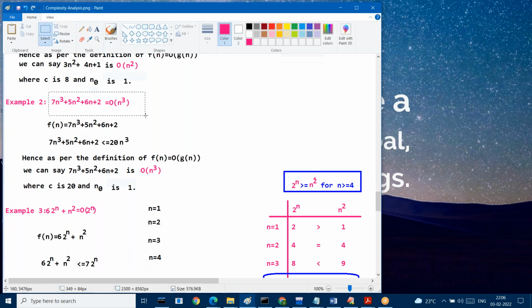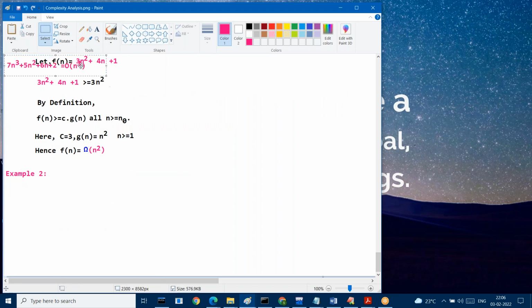This one. 7n cube plus 5n square plus 6n plus 2 is not big O anymore, it is big Omega of n cube.